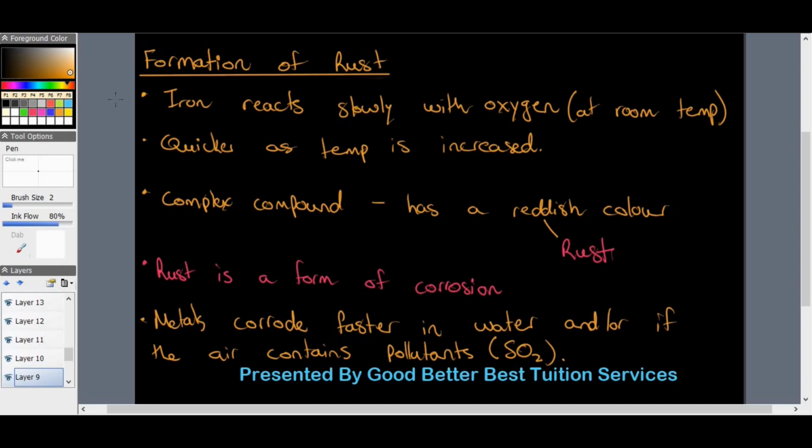So rust combines chemically with water to eat away at metals. It's every homeowner's nightmare if they didn't protect their gates or burglar bars or anything metallic from getting wet or being exposed to air.